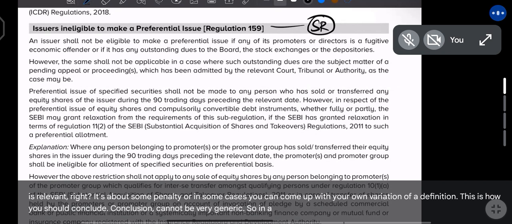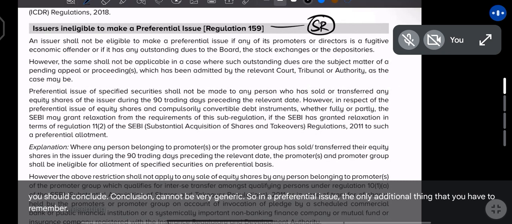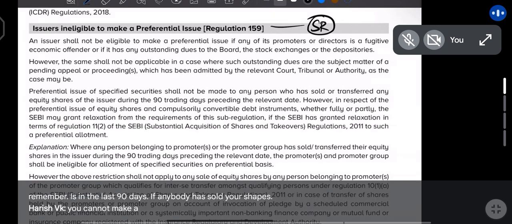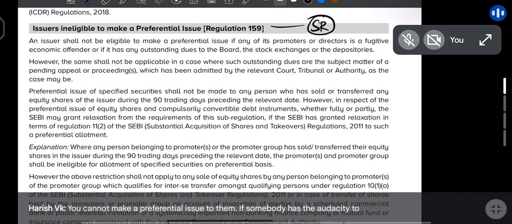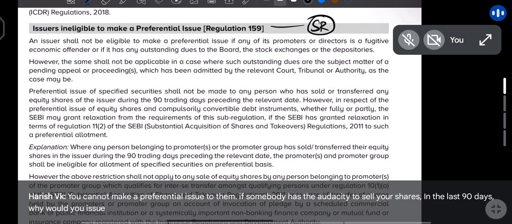So in a preferential issue, the only additional thing that you have to remember is in the last 90 days, if anybody has sold your shares, you cannot make a preferential issue to them. If somebody has the audacity to sell your shares in the last 90 days, why would you issue more shares to them?